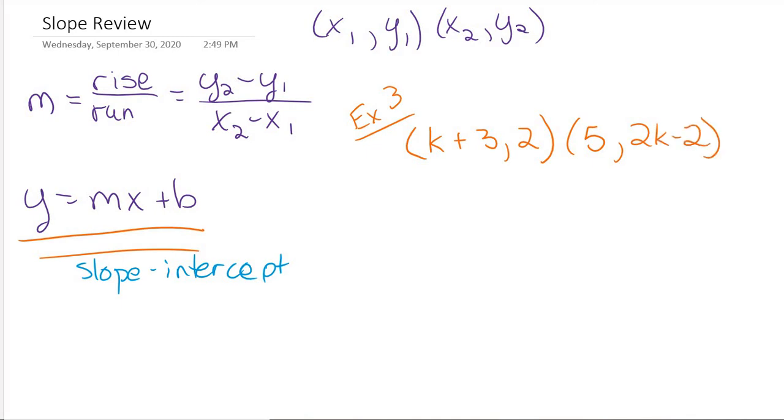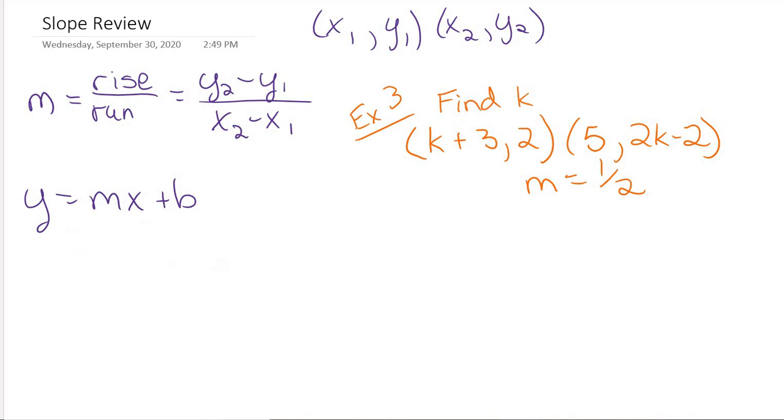And we are also given the fact that the slope is equal to 1/2, and we want to find k. So since I have 2 points, instead of using the slope-intercept form, I want to use the slope form and use this equation here that I'm circling.